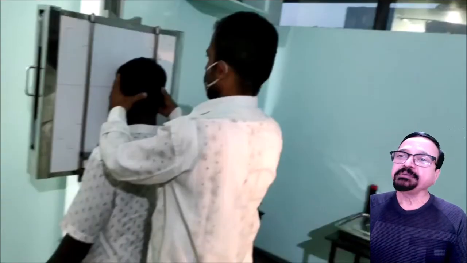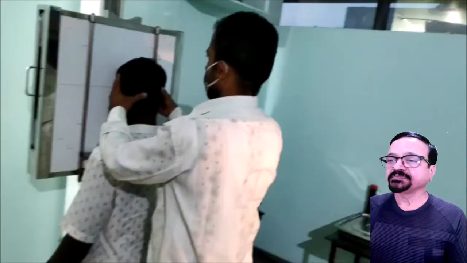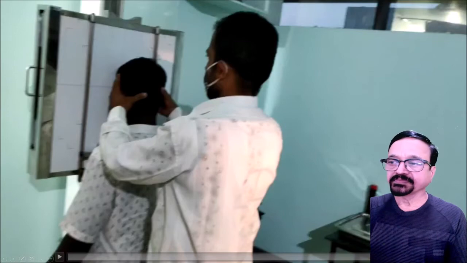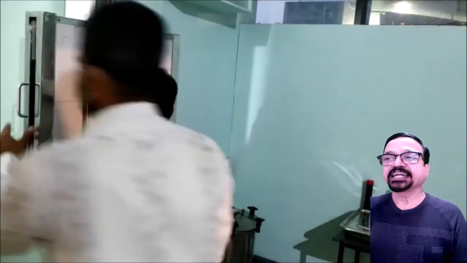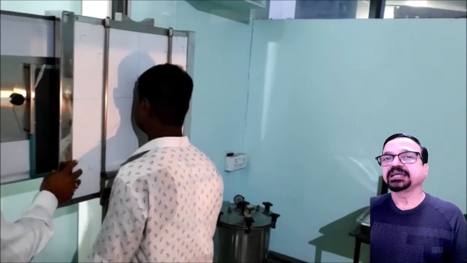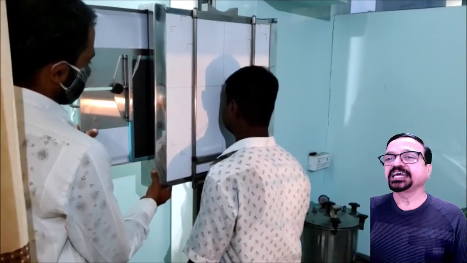Now, sometimes we need a vertical. Now let us see how to take a vertical. Then the cassette is a 14 by 17 cassette with the side marker to the left side.